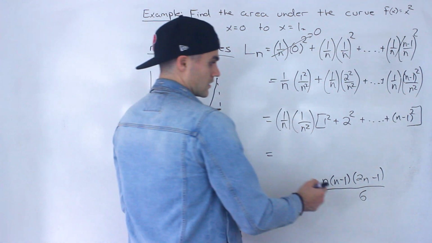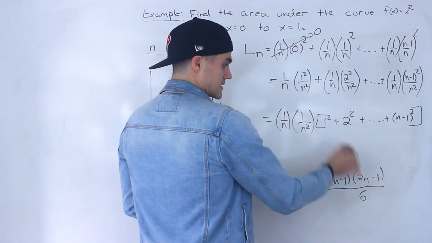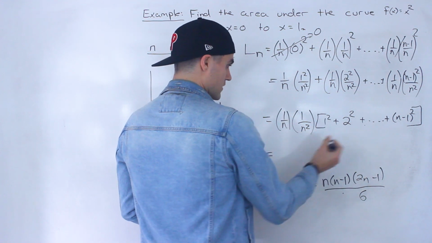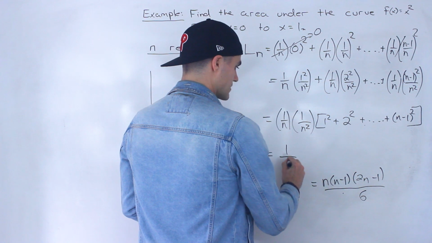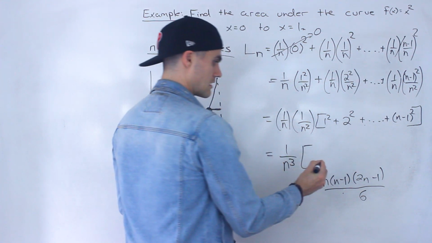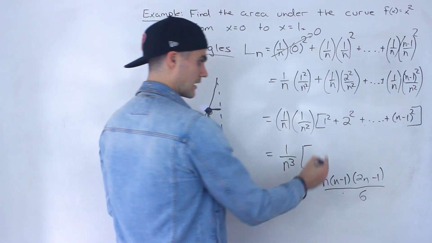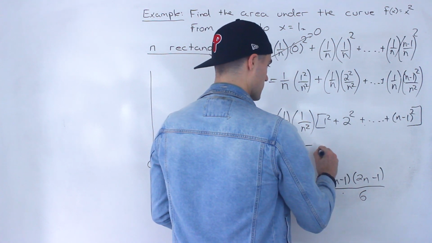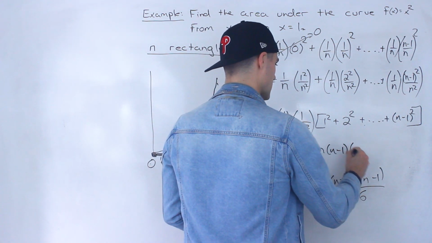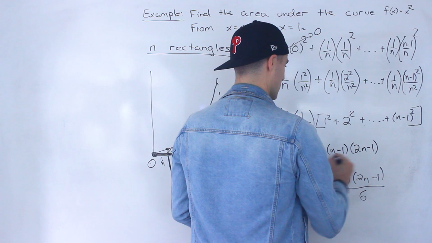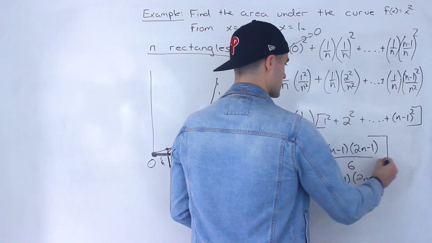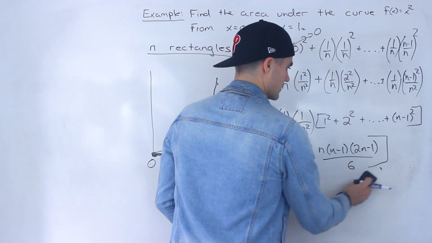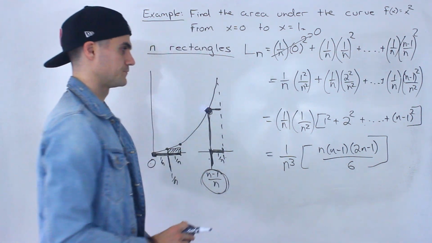So what I'm going to do now is plug in this for this square bracket. So this is going to be 1 over n to the 3. And then I'm going to write this for the square bracket. So we'd have n times n minus 1 times 2n minus 1 all over 6, like that.